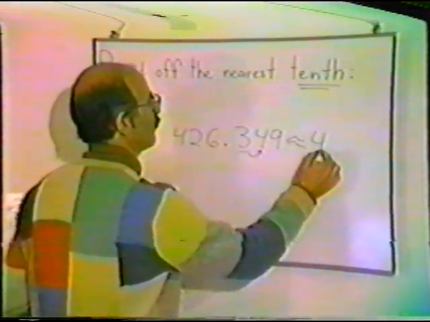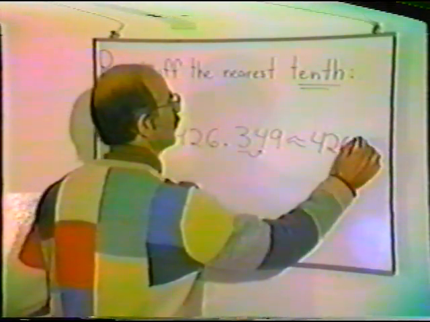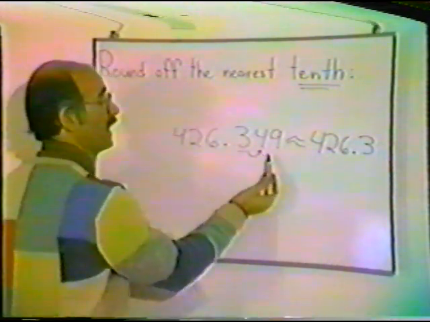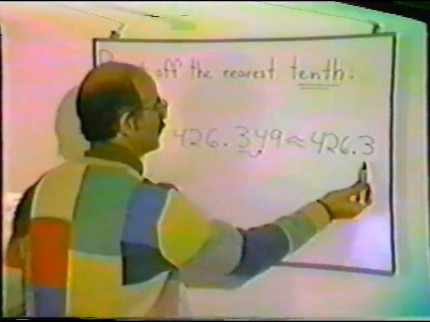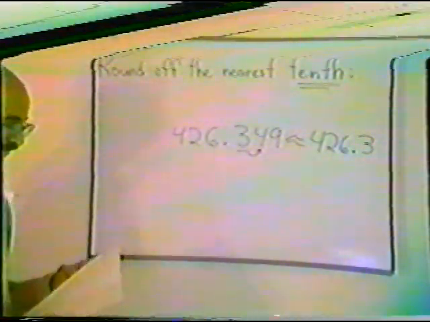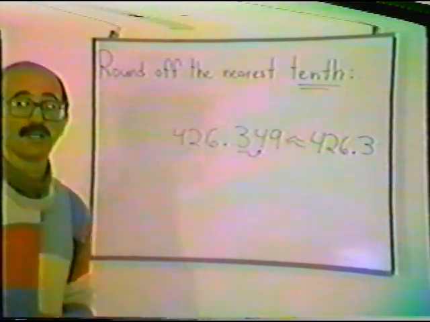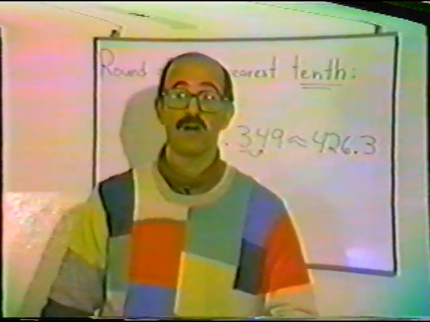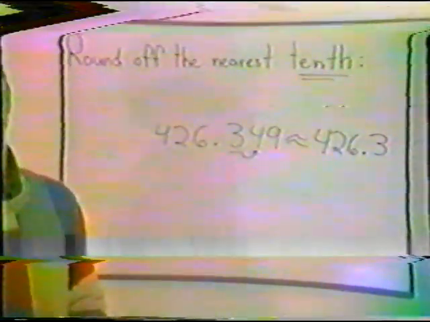So we write 426.3. Do we care about the 9? No, we don't. Please read the answer. 426 and 3/10. And now we've rounded off those numbers to the nearest tenth.